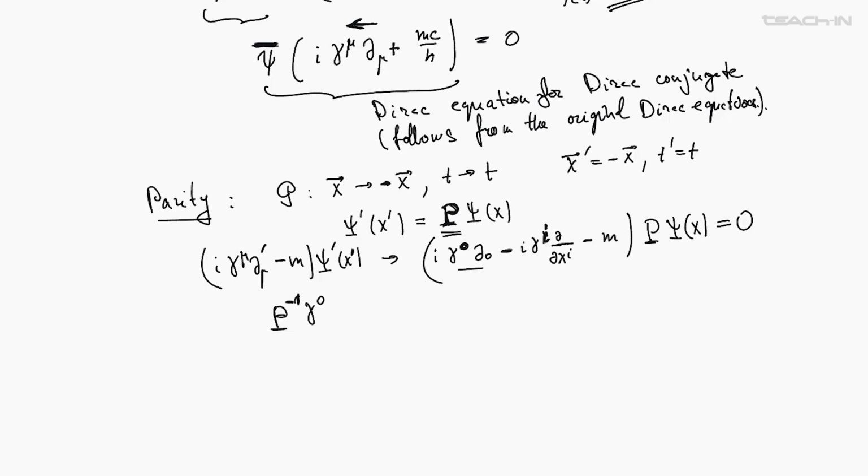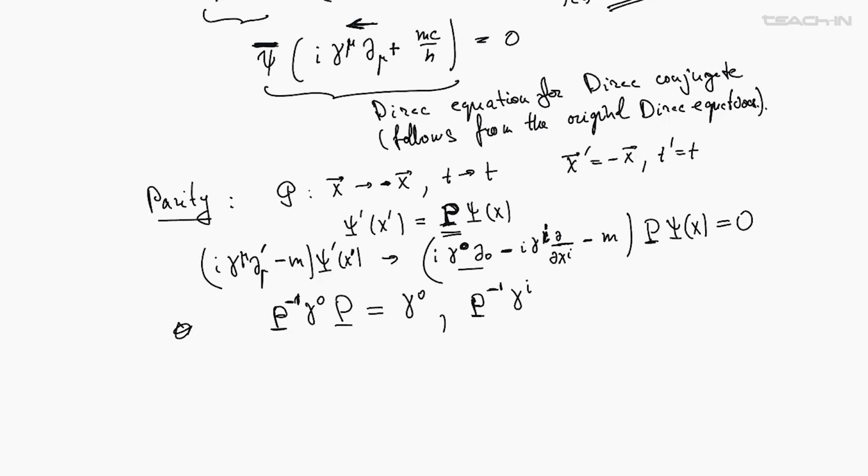So gamma 0 must stay invariant, while P minus 1 gamma i P must give me minus gamma i to compensate this minus here.